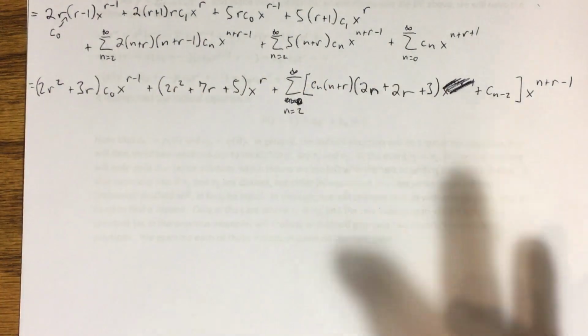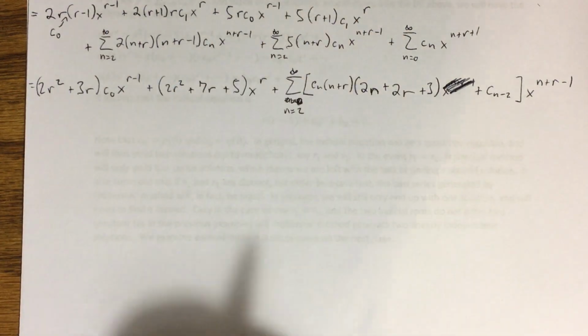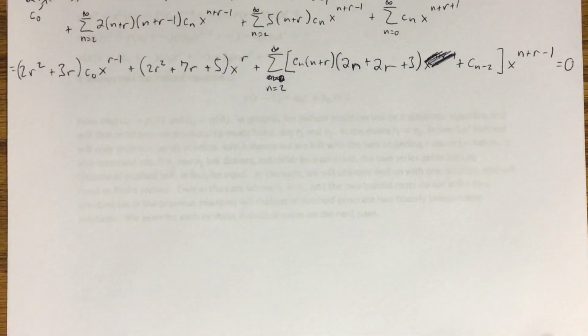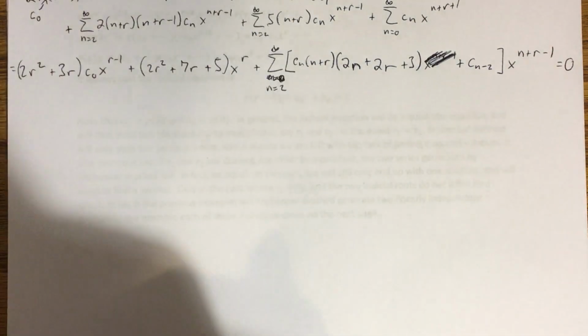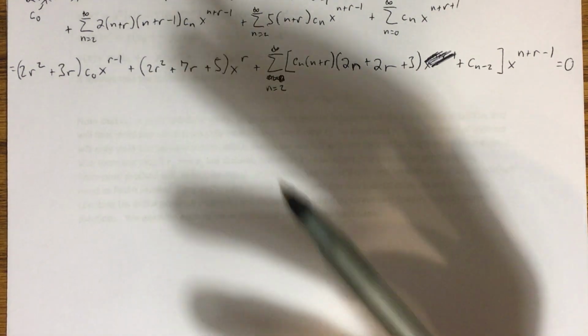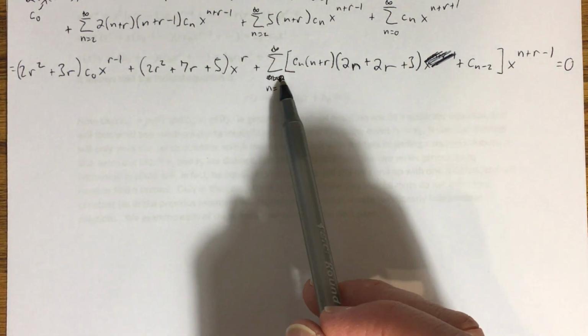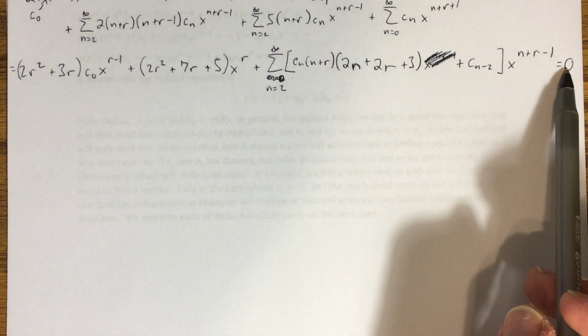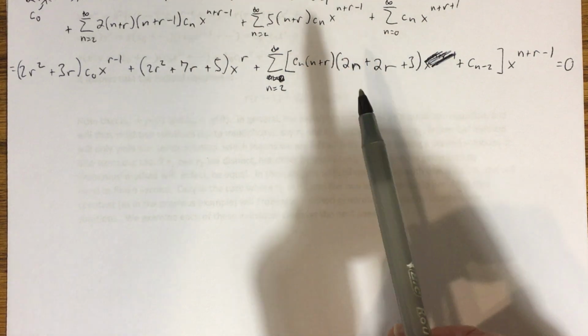So far we've done a ton, and we're about halfway there, I would say. This is equal to 0 because that's what the original DE said. At this point, we know that this expression in here is where we're going to get a recurrence relation because all of the terms of this series are equal to 0 by that identity property.